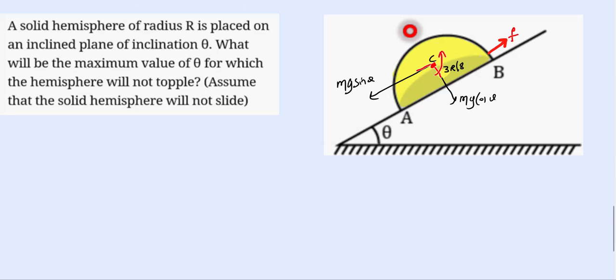Then it is not sliding nor toppling, let's assume. Then the normal reaction must balance the torque due to friction. If you assume the normal reaction like this, the net torque is non-zero and it must topple, but it's not toppling. So the normal reaction will shift. Finally, when it's about to topple, the normal reaction will pass through point A. It's asking the maximum value of theta, so the normal reaction will pass through point P when theta is maximum.